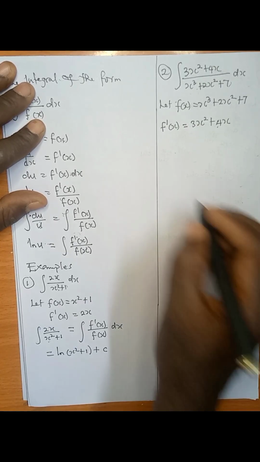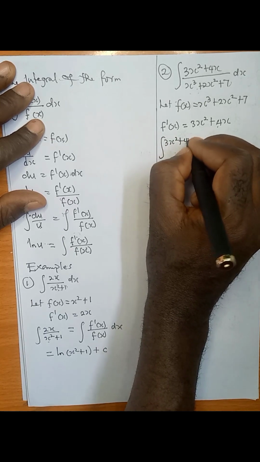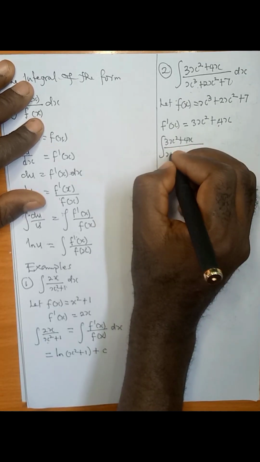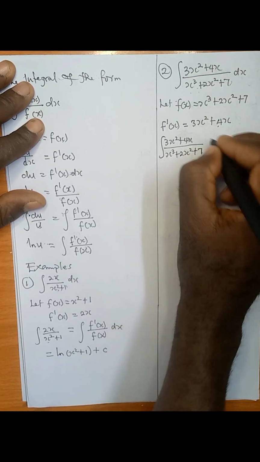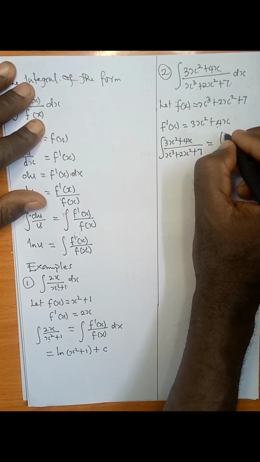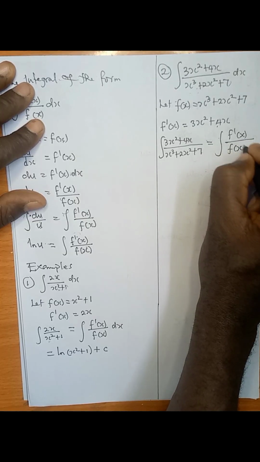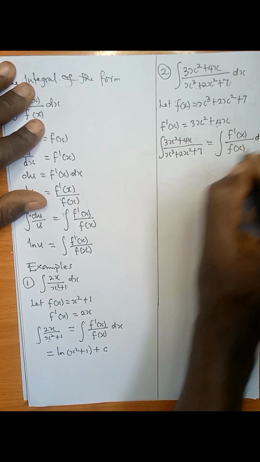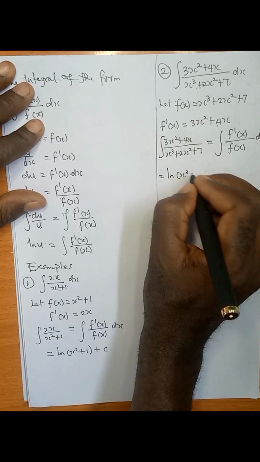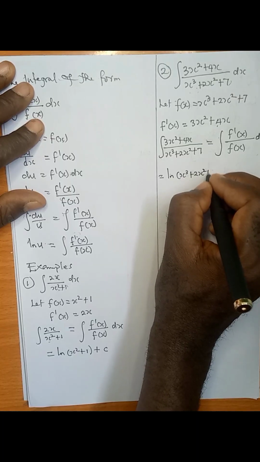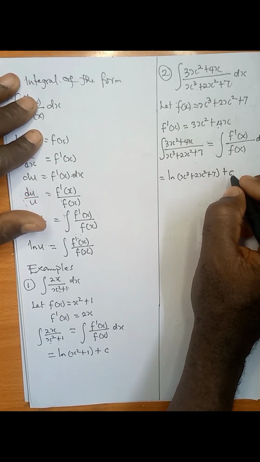For that reason, we now say the integral of 3x squared plus 4x over x cubed plus 2x squared plus 7 is the same thing as the integral of f prime of x over f of x dx, which will be equal to the natural log of x cubed plus 2x squared plus 7, then plus the constant of integration.